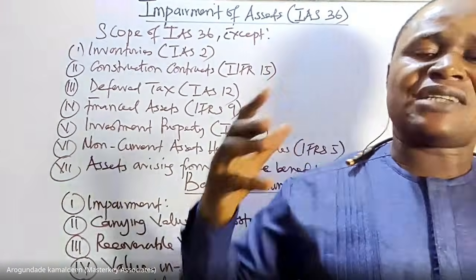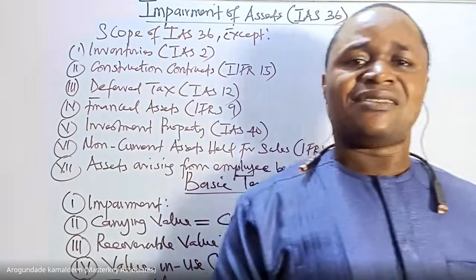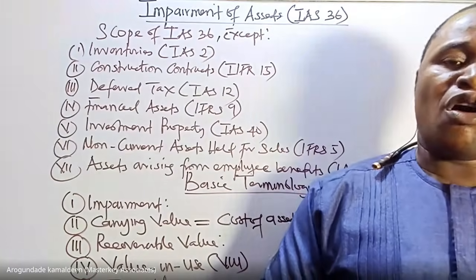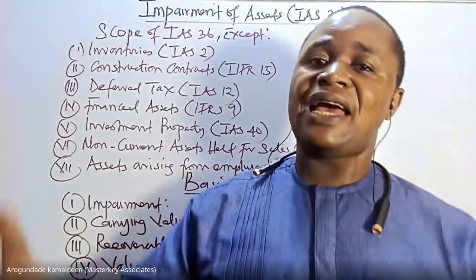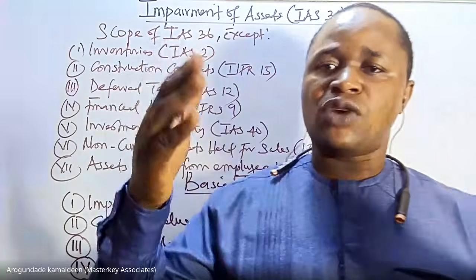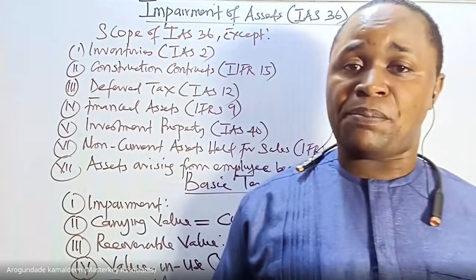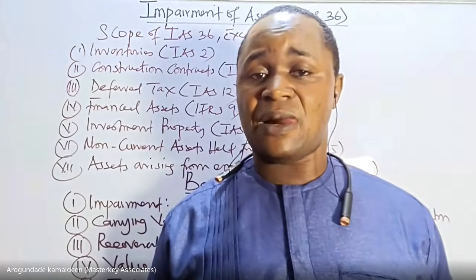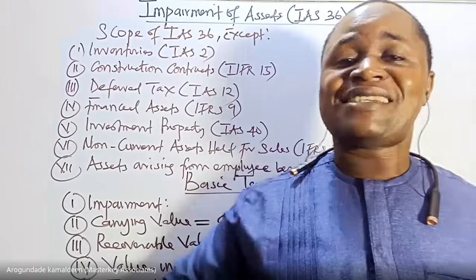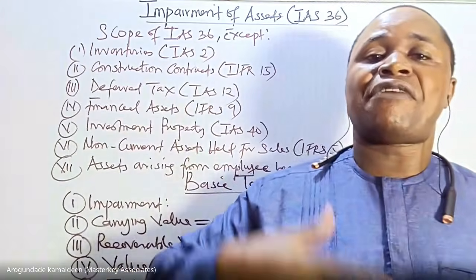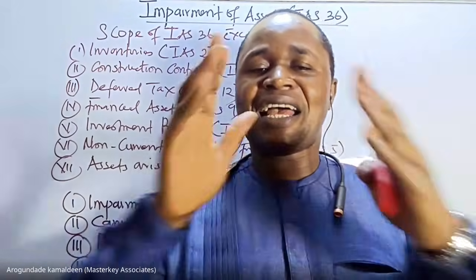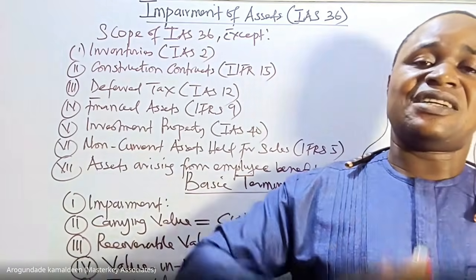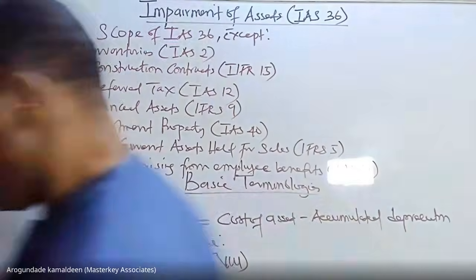In order to achieve this, the standard has prescribed for us, one, the basis of measurement of impairment: how are you going to measure the amount of impairment? Two, recognition of impairment in the account. Three, the presentation of impairment in the financial statement. So IAS 36 is going to guide us expressly on these three issues. So let's start now.